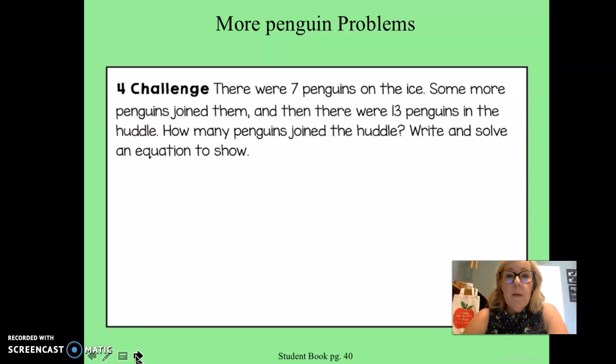Challenge problem. There were 7 penguins on the ice. Some more penguins joined them, and then there were 13 penguins in the huddle. How many penguins joined the huddle? Write and solve the equation below.